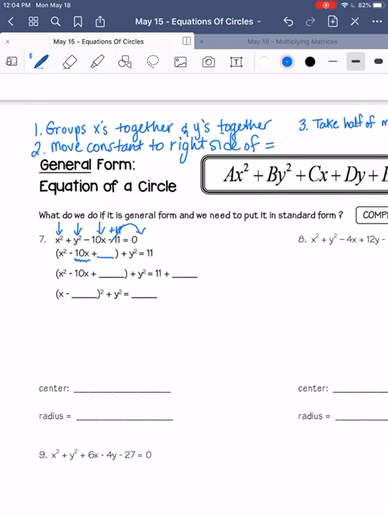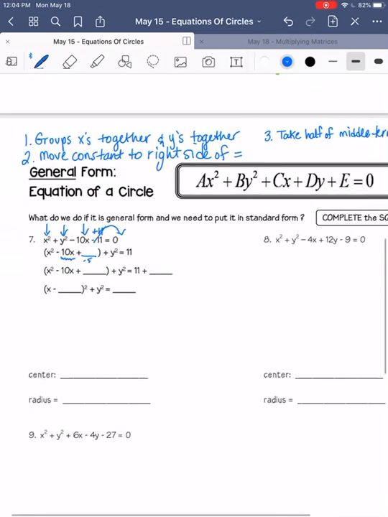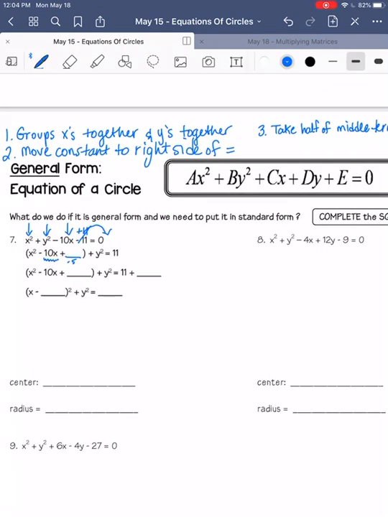So you guys, what is negative 10x divided by 2, or half of negative 10? It's negative 5, right? Now, notice I am not putting it in the blank, okay? I'm going to write it under the blank. There's a reason for my madness. Just stick with me, okay?